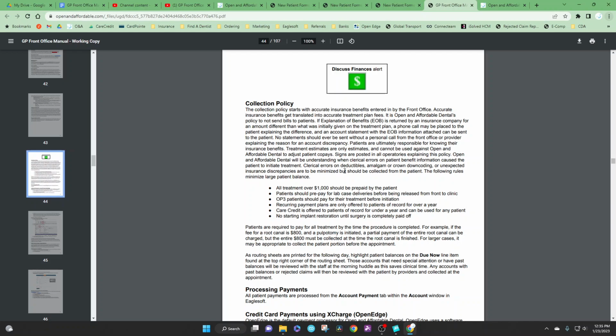So there's a lot of, I wouldn't call them errors, there's a lot of different parameters that go into getting an accurate insurance benefit breakdown. But even with the best breakdown, we can't guarantee that those fees are absolutely accurate.